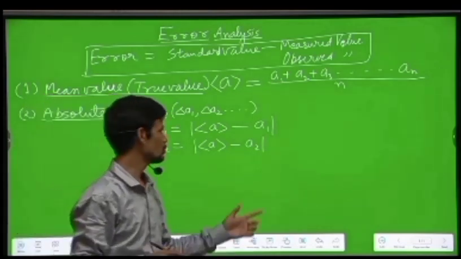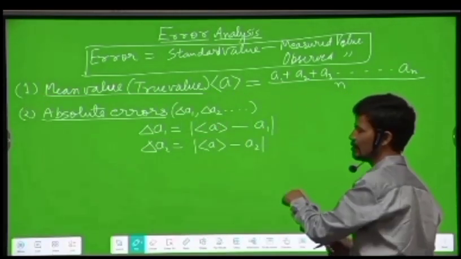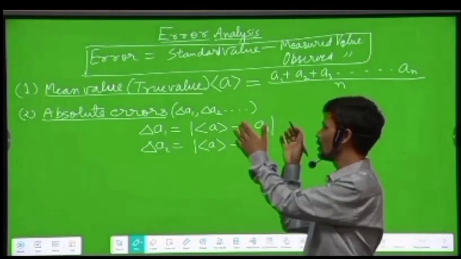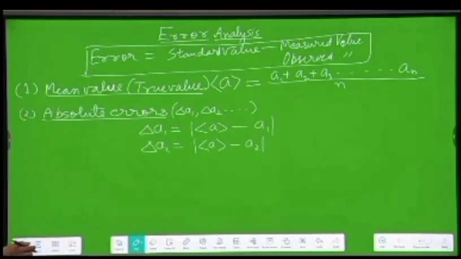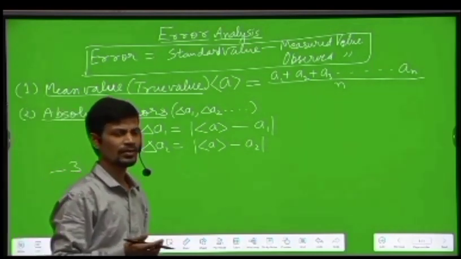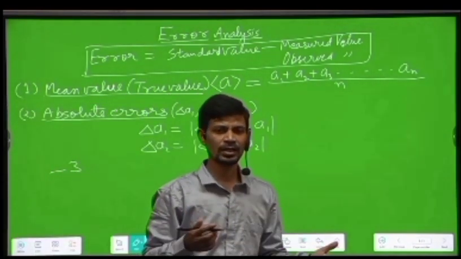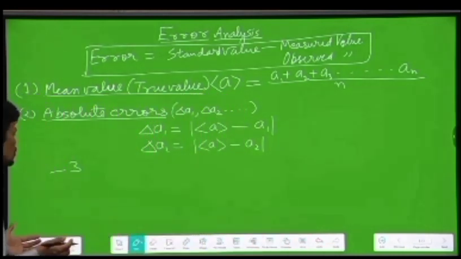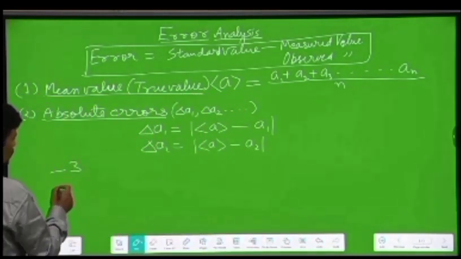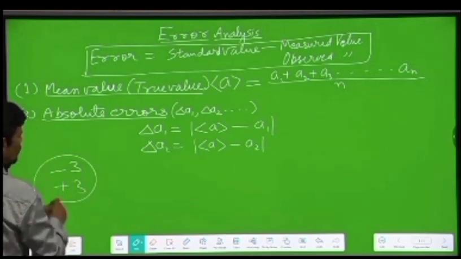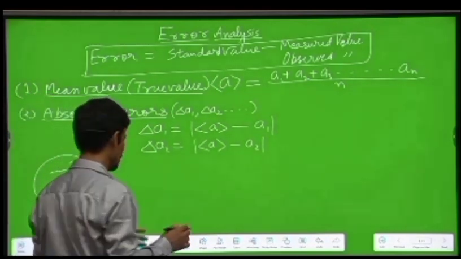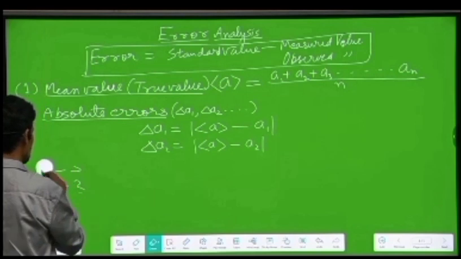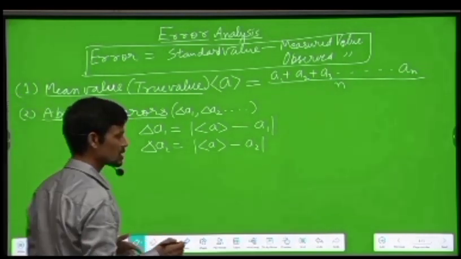There is a debate in some books. They write it like A minus A mean, but it doesn't matter because we are interested in the modulus of that error limit. In fact, if we record some error like -3, we consider a worst case: that if it appeared with this sign in this manner, it could appear the other way also, in a positive manner. So whenever we get an error or uncertainty, we write it in terms of plus minus, in order to be prepared for the worst case.